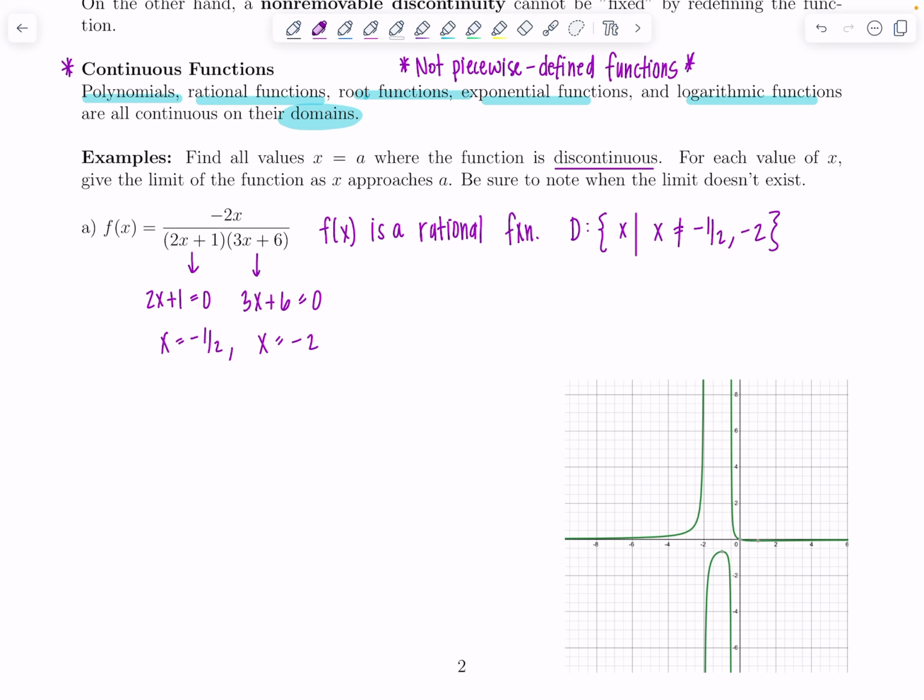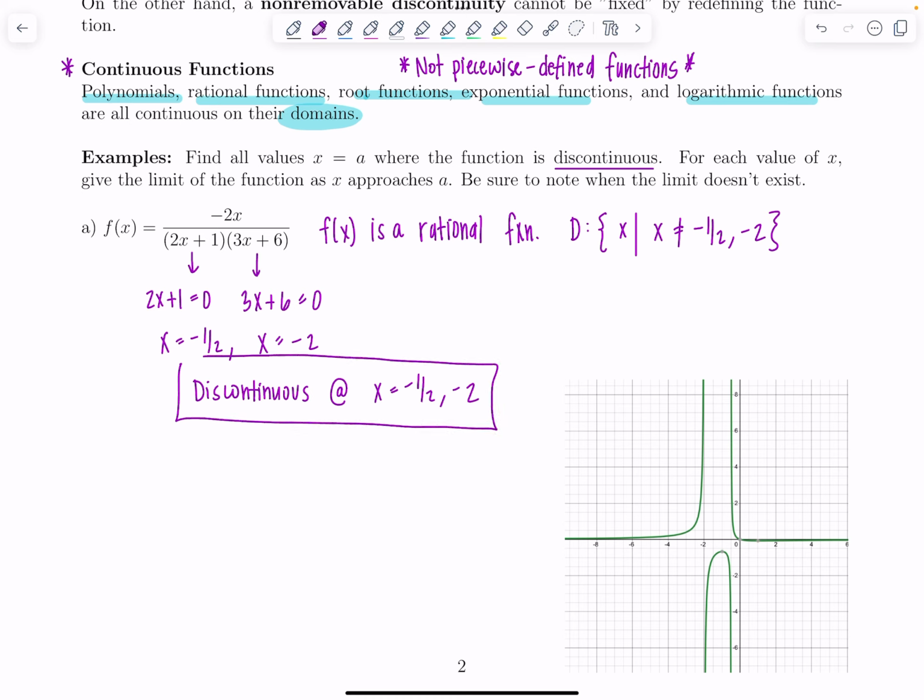So these are the values where the function is discontinuous: x equals negative 1/2 and negative 2. When you say where a function is discontinuous, you put an equal sign. When we're writing the domain, we put not equal to because those values cannot be substituted in for x into the function.